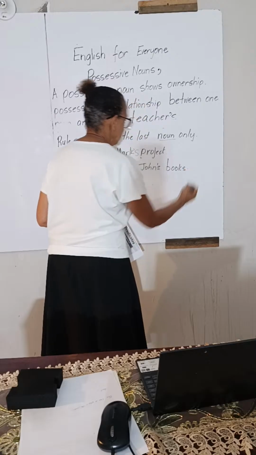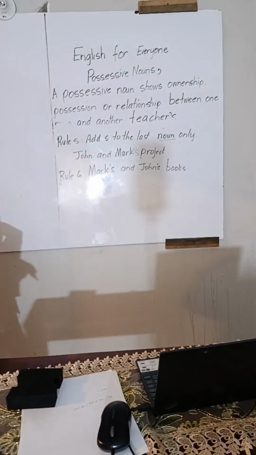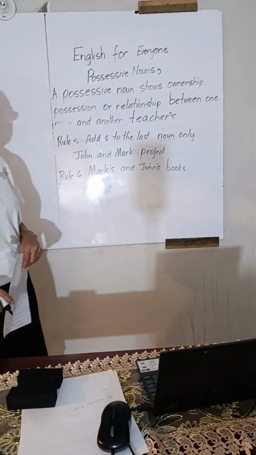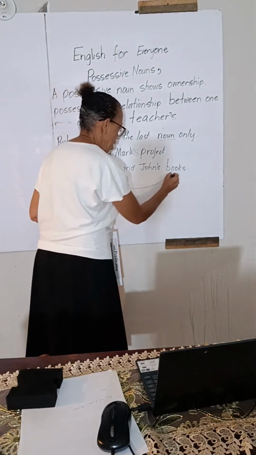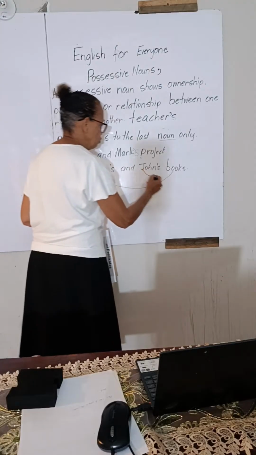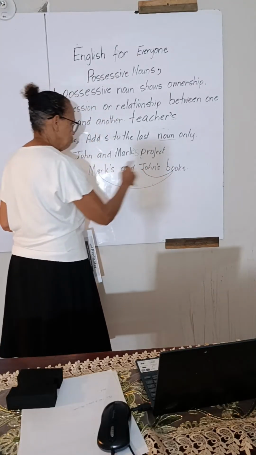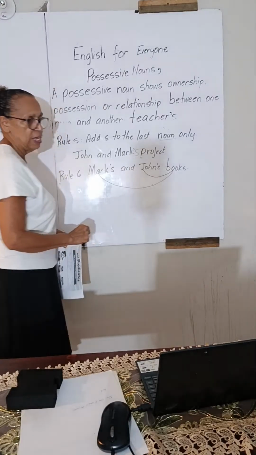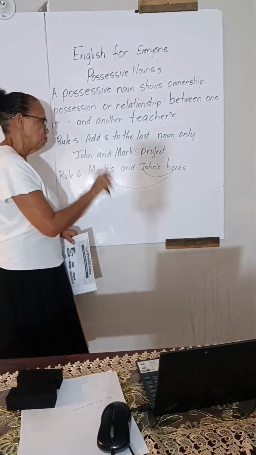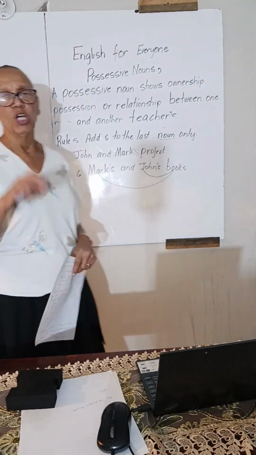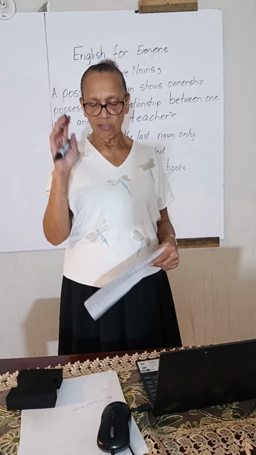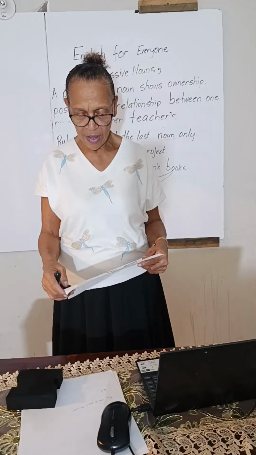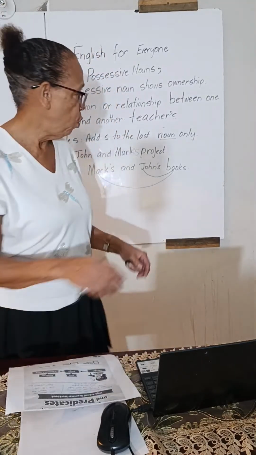In this case, Mark's and John's books. It means that this one belongs to Mark, and that one belongs to John. So Mark's book is different individually, and John's book. So they are speaking about two persons with possession. They hold their separate things.